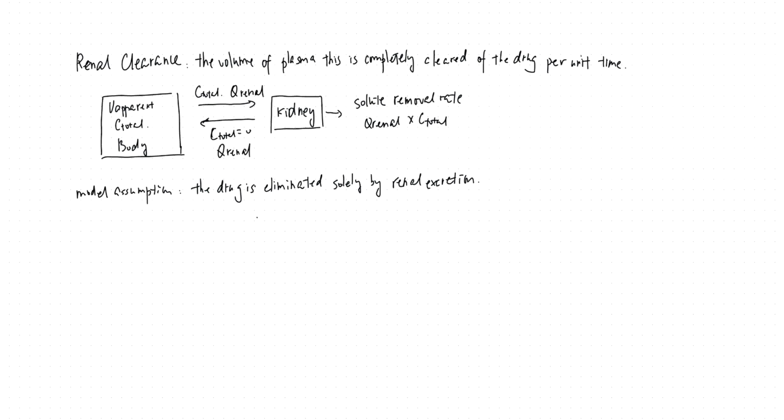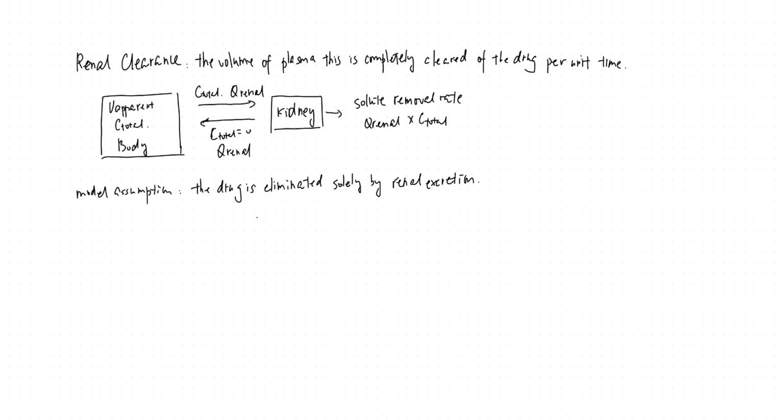In this model, the body is divided into two parts. The model only assumes this part: there's a body part where the drug exists, and the kidney part which filters the drug. According to the diagram, the concentration in the body is given by C total.